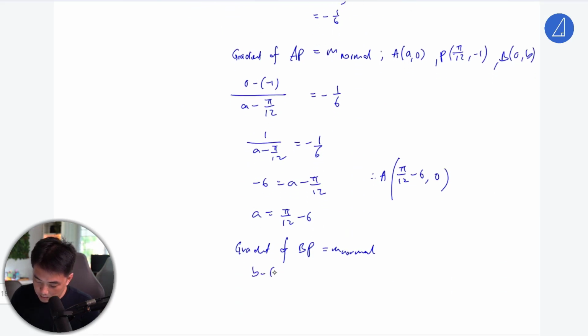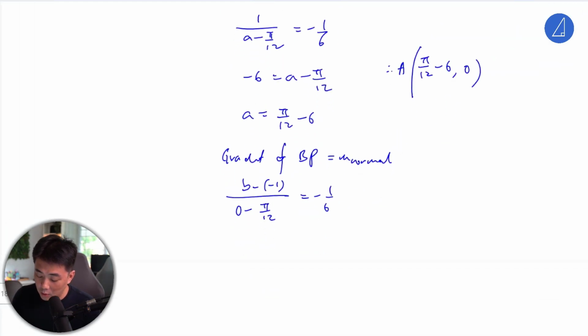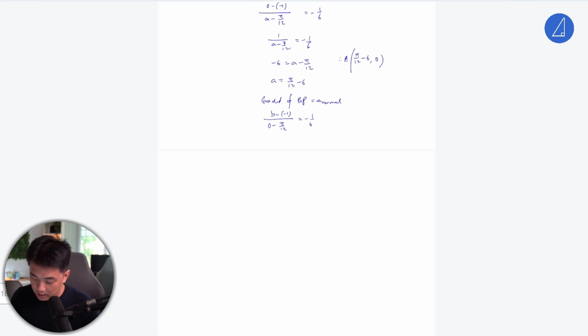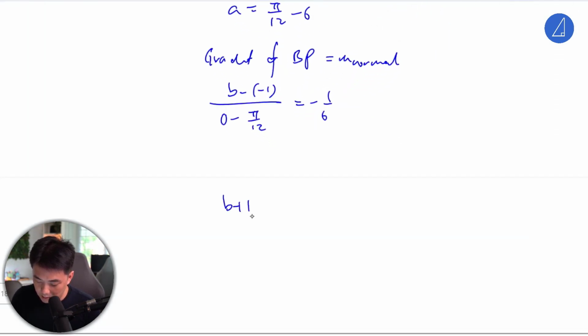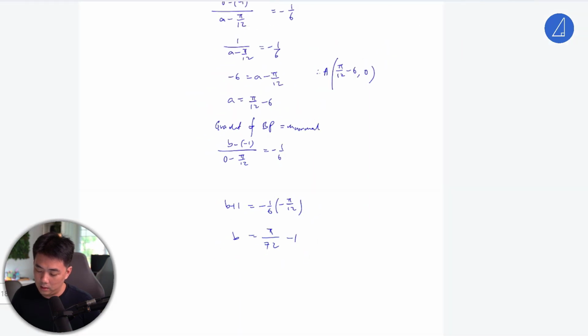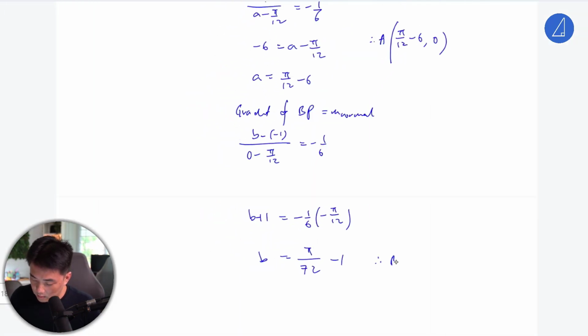So B minus minus 1 over 0 minus pi over 12 equals minus 1 over 6. Cross multiply. This will be B plus 1 equals minus 1 over 6 times minus pi over 12, which is pi over 72. So B is 0, pi over 72 minus 1.